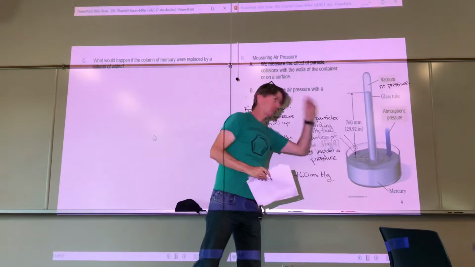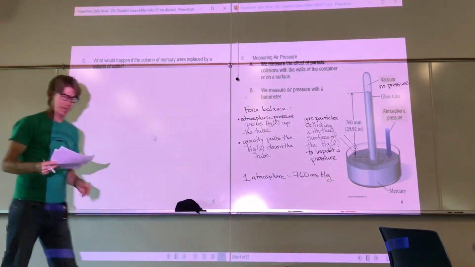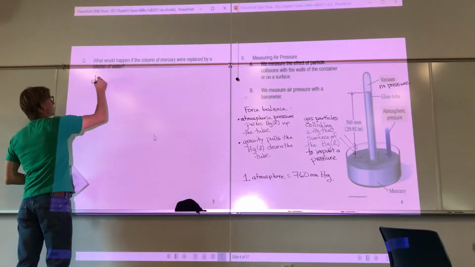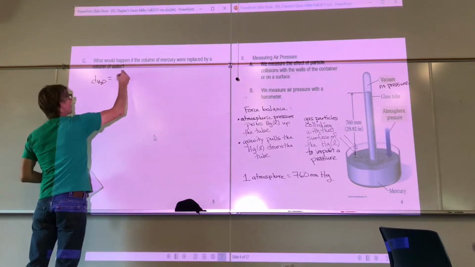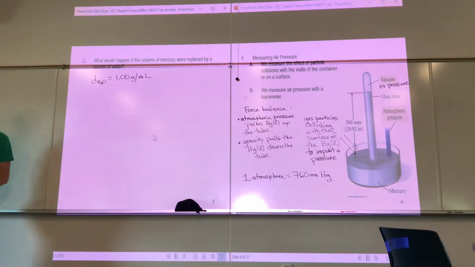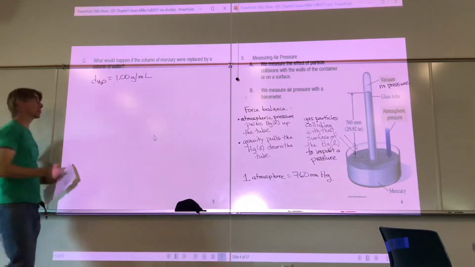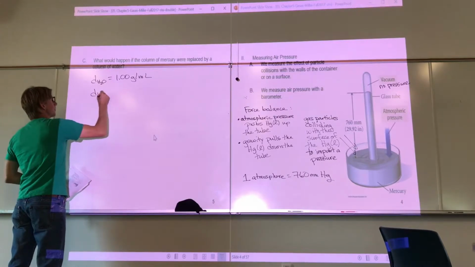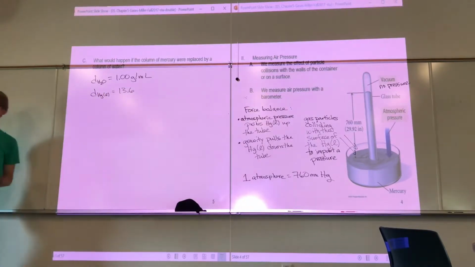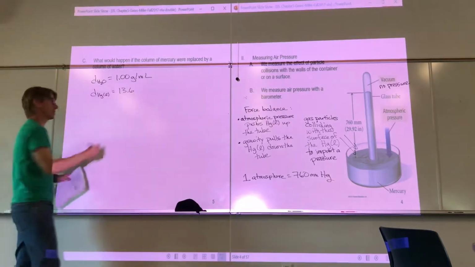Well, here's our picture. Let me tell you a couple facts. One is that the density of water is 1.00 gram per milliliter, while the density of liquid mercury is 13.6 grams per milliliter.